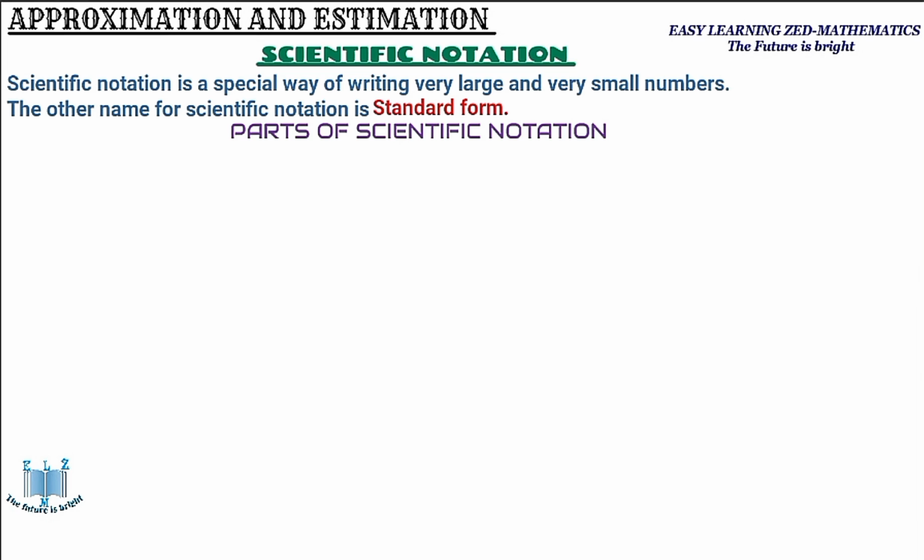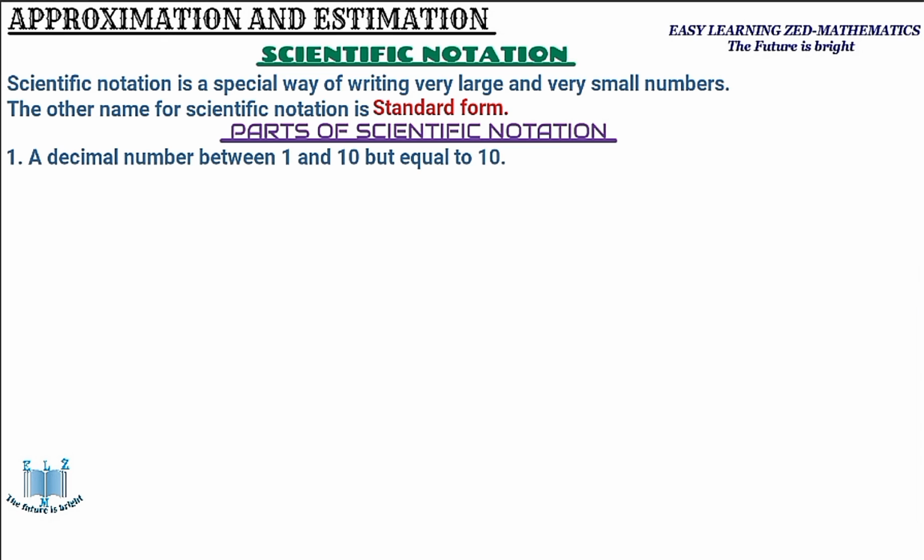Now let's look at the parts of scientific notation. Scientific notation is made of two parts. The first part is a decimal number between 1 and 10 but not equal to 10.